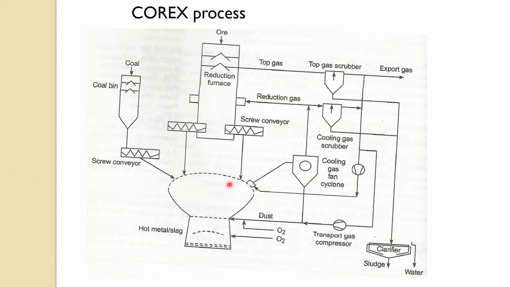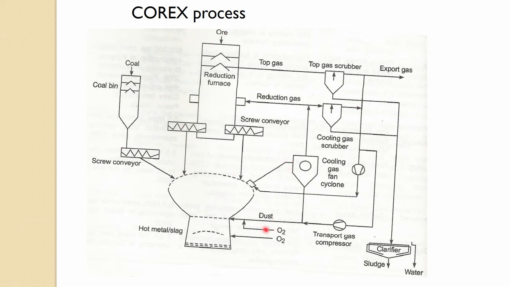So, the reducing gases which are coming out after removing the dust and other things are fed into this reduction chamber, and the ore gets reduced, and these reduced ore are fed through the screw feeder into the melter gasifier, and the sensible heat of this reduced gas is also being used, and then the smelting occurs in that one.